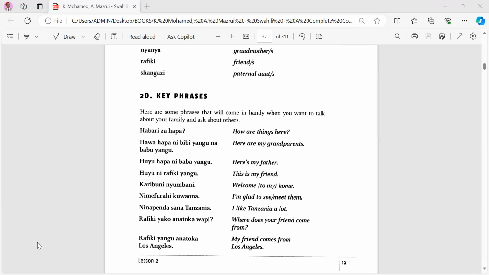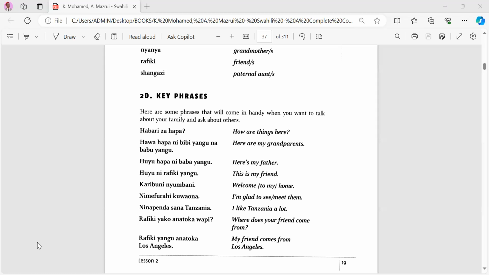It can mean not particularly welcome to my home, it can mean welcome home. Nyumbani is home. Karibuni is welcome in plural, which means there is more than one person. If it's one person, you could say karibu nyumbani instead of putting buni.